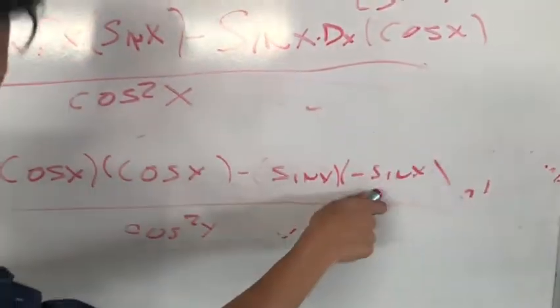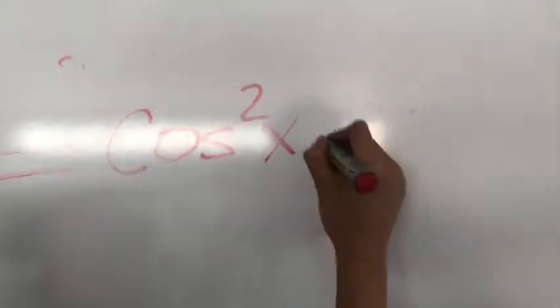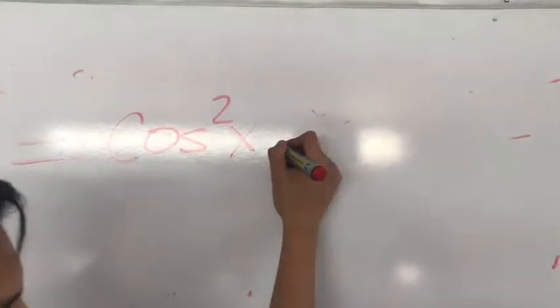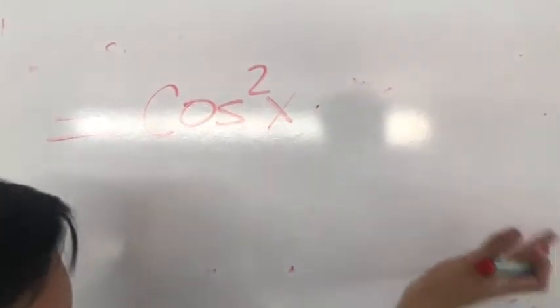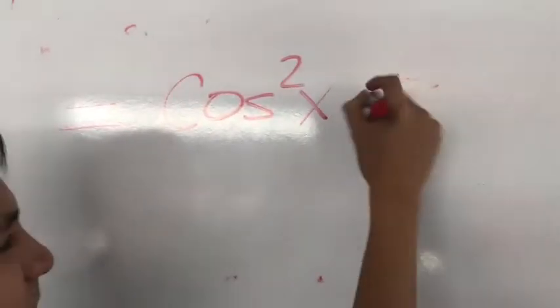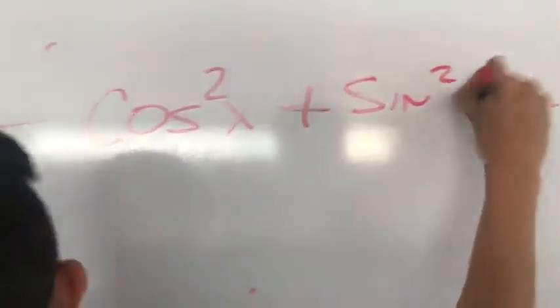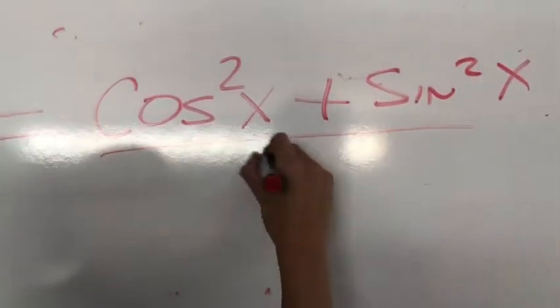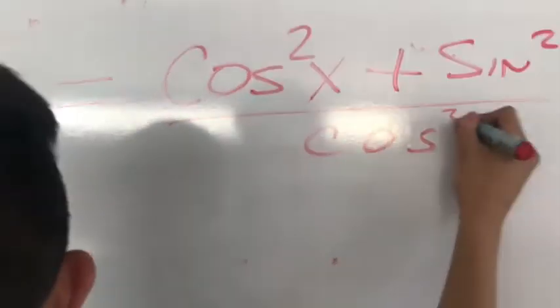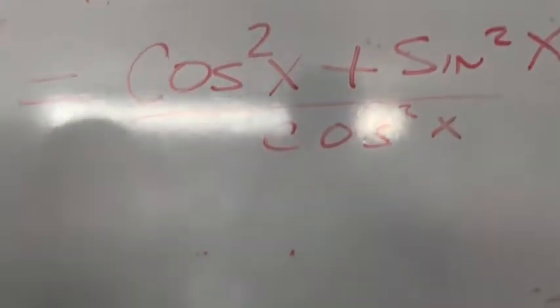Sine times minus sine is minus sine squared. So minus times minus gives plus, and we have cosine squared of x plus sine squared of x, divided by cosine squared of x.